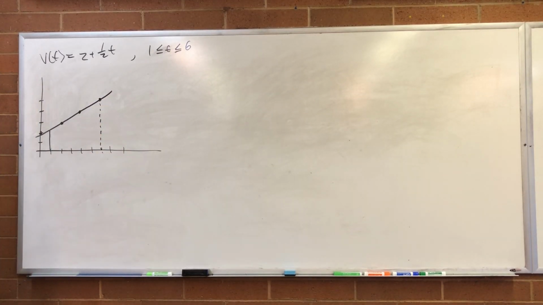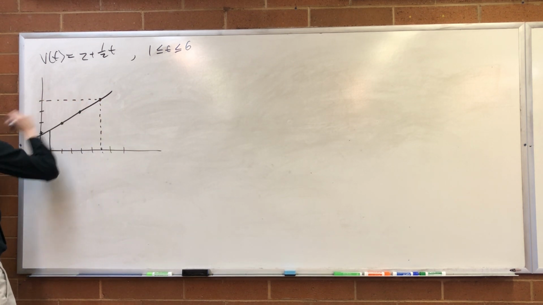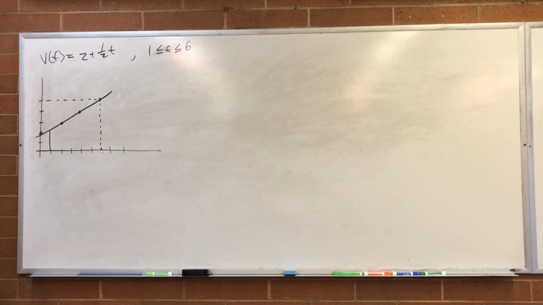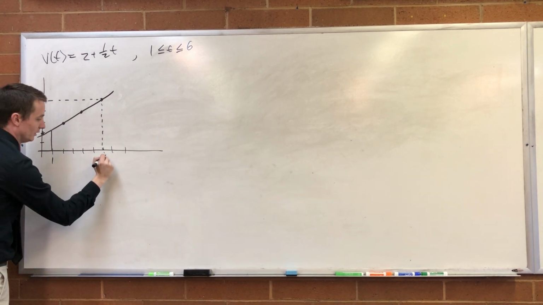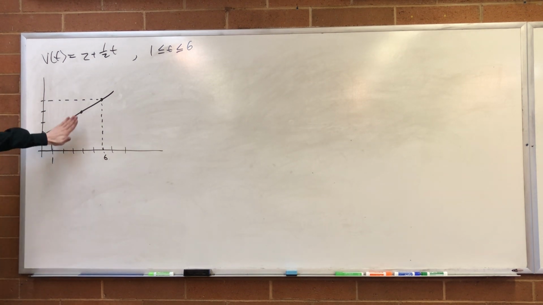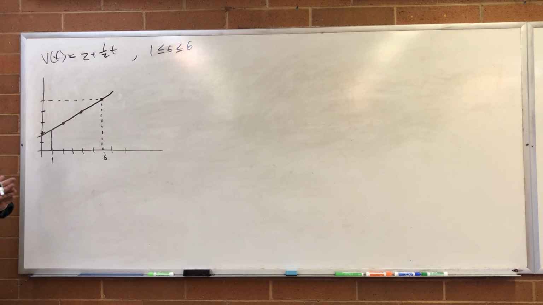Dotted lines will help fix our view. You get the problem. So here's 1, here's 6. We want to see the change in this function's position if this is the velocity, which is this line, right?